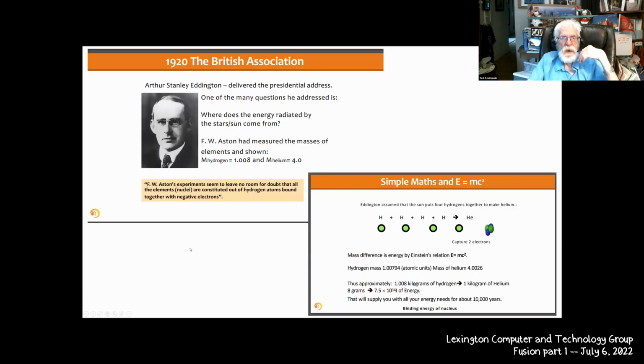The basic idea of how all this worked came about from Arthur Eddington, who gave a talk to the British Association in 1920, and he said, we finally understand how the sun is able to power itself.